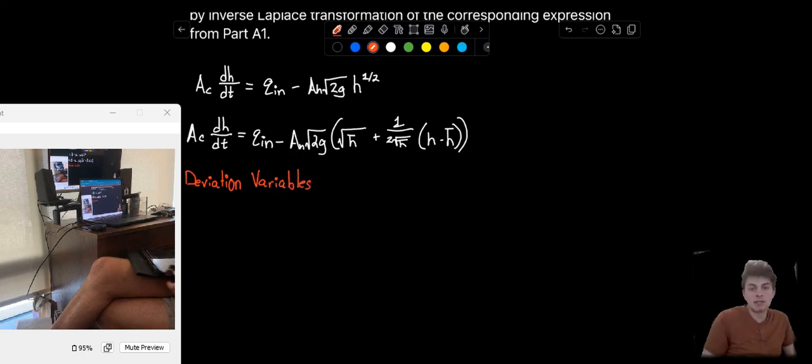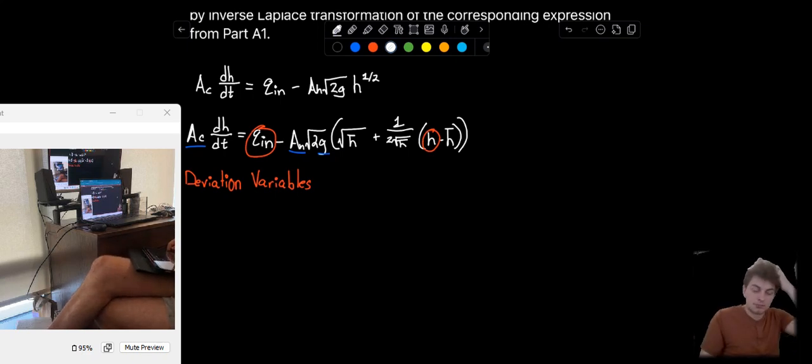And what this really is, is anything that's going to change as a function of time in the system. So in this system, it's really easy. Our input flow rate and our height term are going to change. Meanwhile, our cross-sectional area of the hole and gravitational constant will all remain constant.